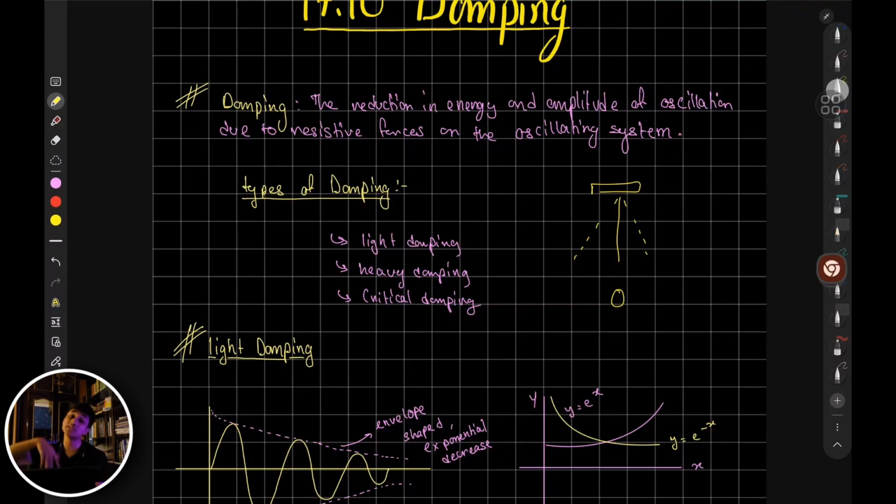Plus, its potential energy decreases as well, because initially, if the object's amplitude was over here, the height that it was displaced by was maximum h. Now, if the amplitude comes out to be over here after damping, now the height displaced by for potential energy decreases, is less than h.